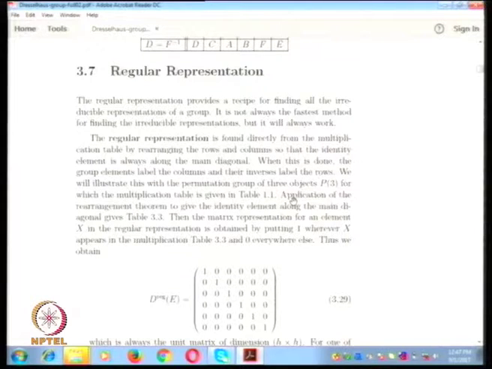When this is done, the group elements label the columns and their inverses label the rows. We will illustrate this with the permutation group of 3 objects, which is S3, for which the multiplication table is given in 1.1. Application of the rearrangement theorem to give the identity element along the main diagonal gives table 3.3.